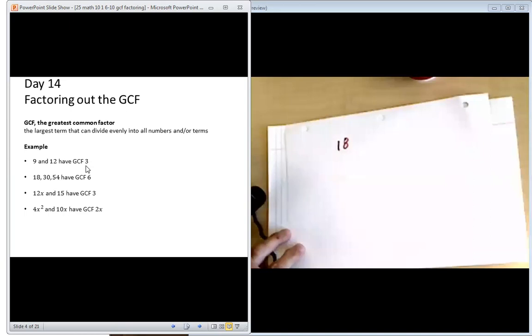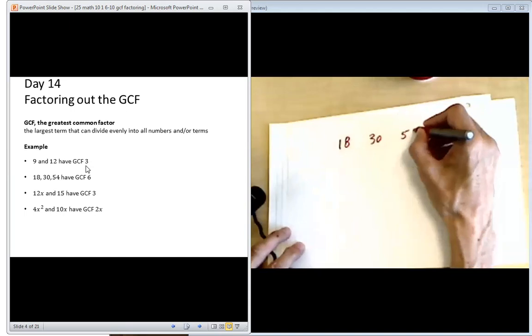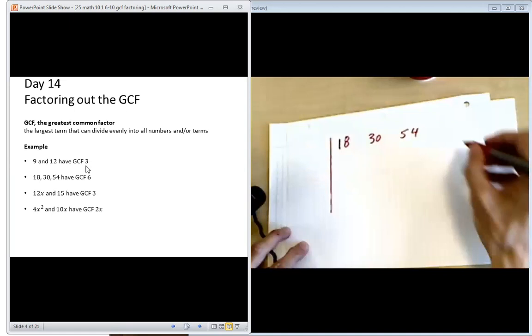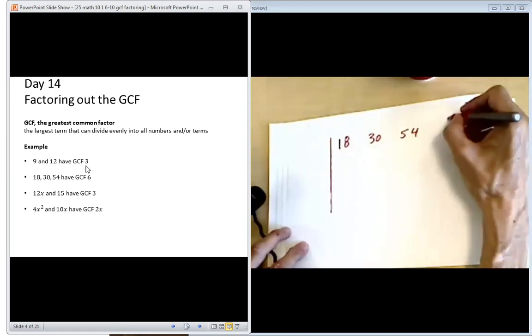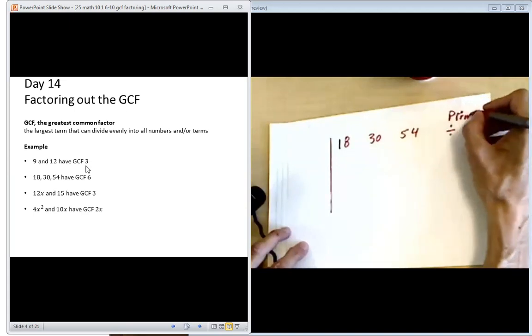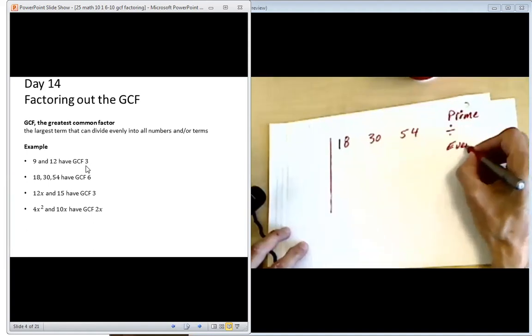What's the other number? 30. Okay, 54. Okay, so we want prime, and divides everything.